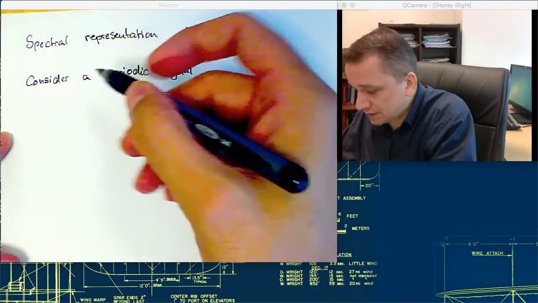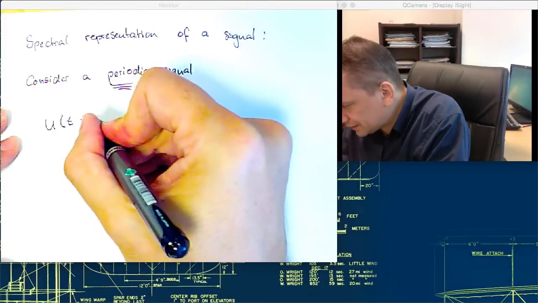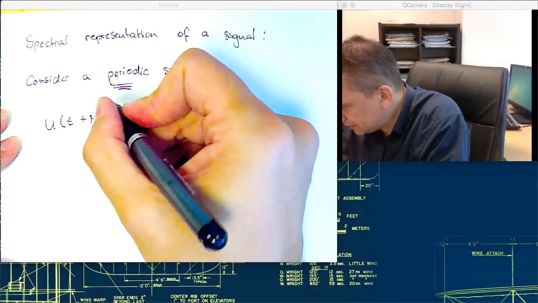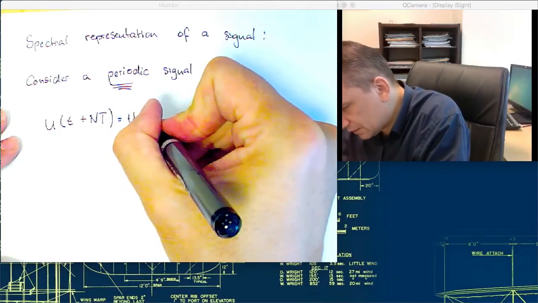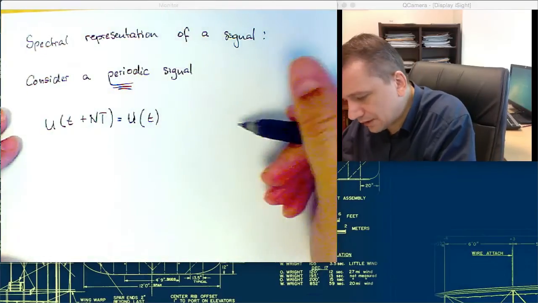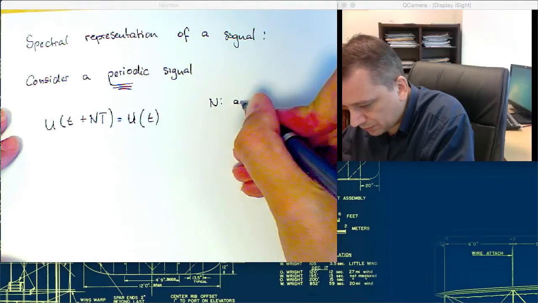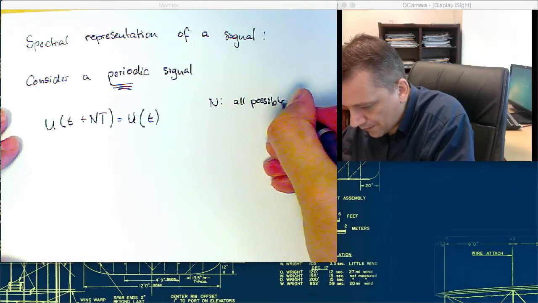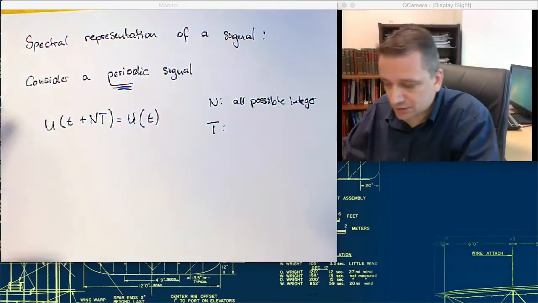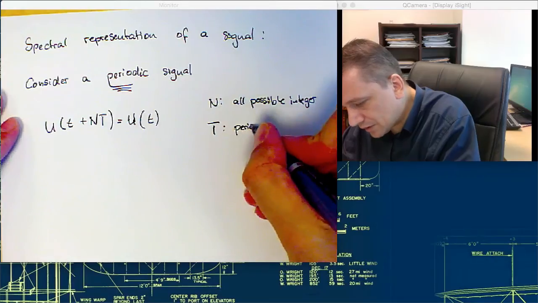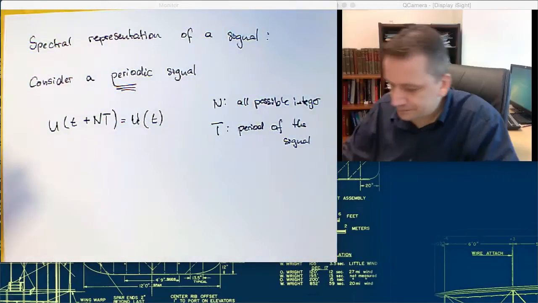If the signal is periodic, then for example the velocity u, or any quantity, u of t plus capital N T is equal to u of t, where n is an integer and capital T is the period of the signal.